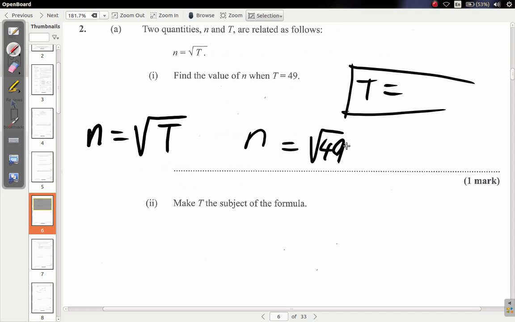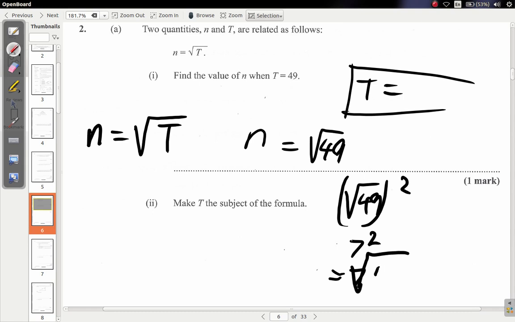Because what happened? The square root of 49 is 7. If you take the square root of 49 and you square that, it's like you have 7 squared. And it's the same thing as 49. You see?